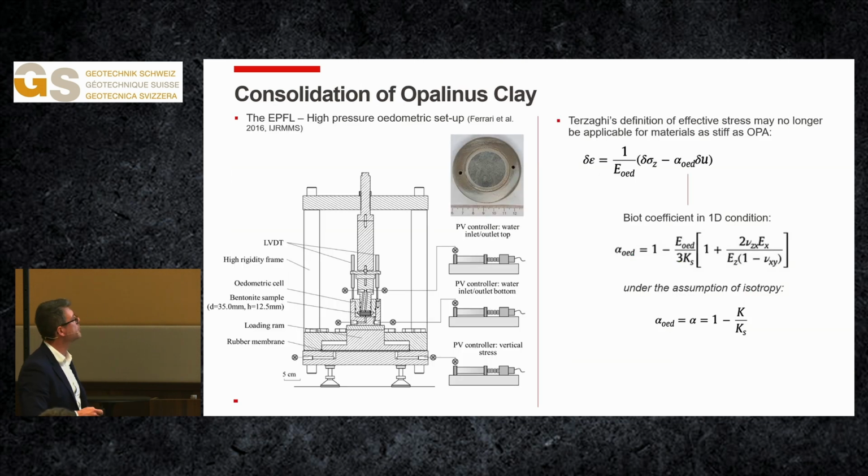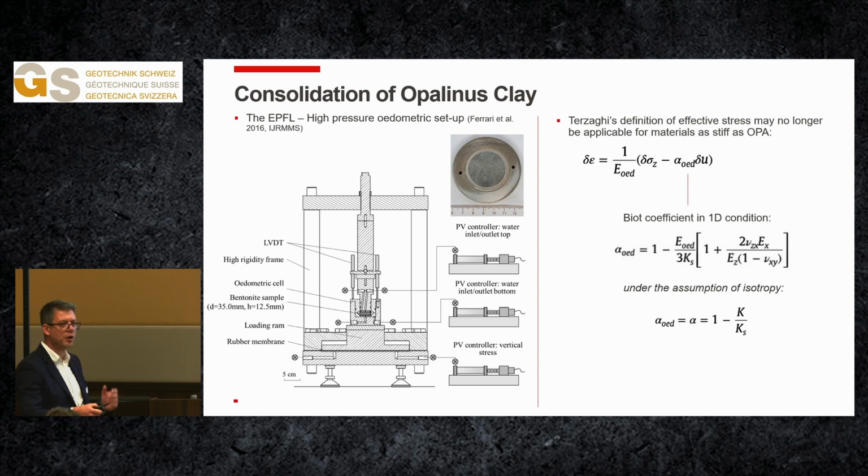Another aspect I would like to mention is about consolidation. We understand that these are materials a little bit in between soils and rocks, but they consolidate mostly as a soil. But the stress levels that we need to reach for testing the consolidation behaviors is not the one that we have in conventional oedometric tests. So this is why we have developed our high stress oedometric setup.